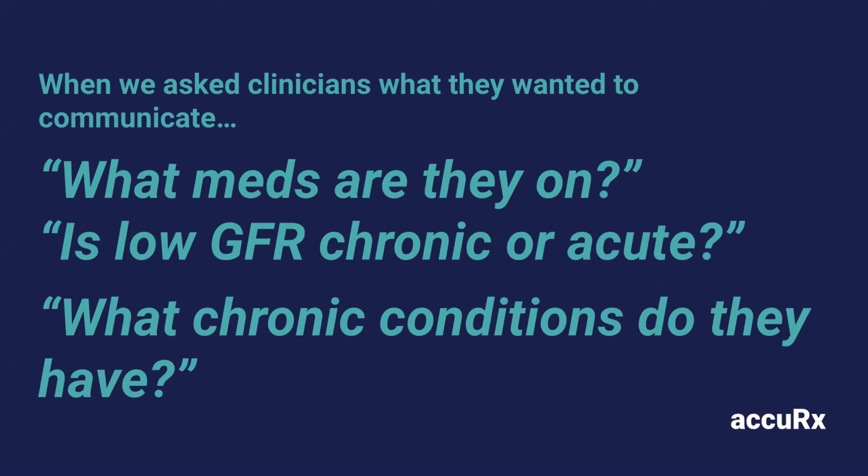And resoundingly, the most common need was: what medications is the patient on? Is their low renal function chronic or acute? What long-term conditions do they have? A lot of information that should be on the medical record, but for whatever reason, they couldn't get access to.